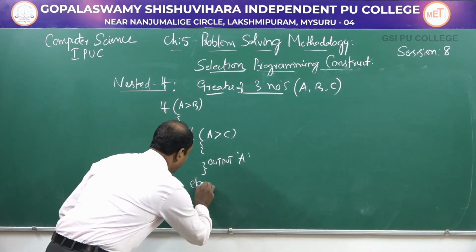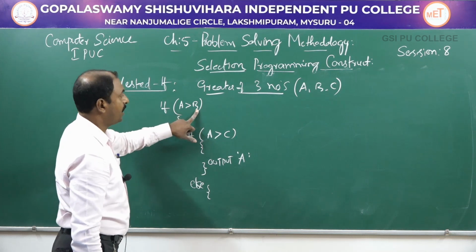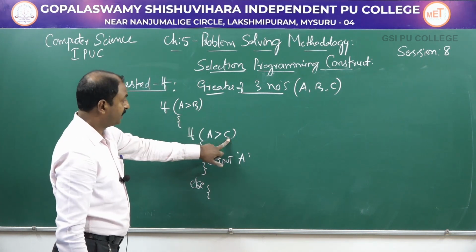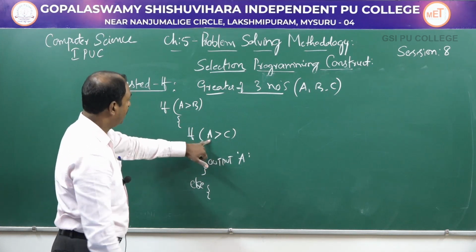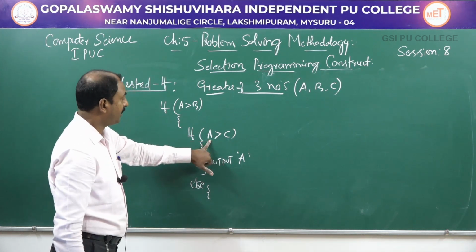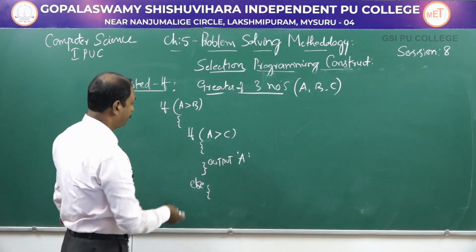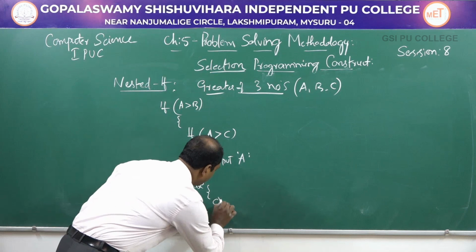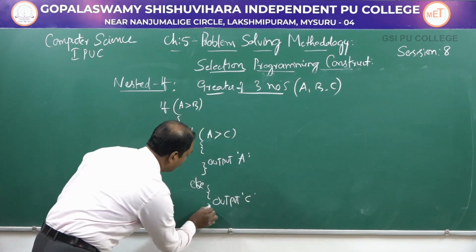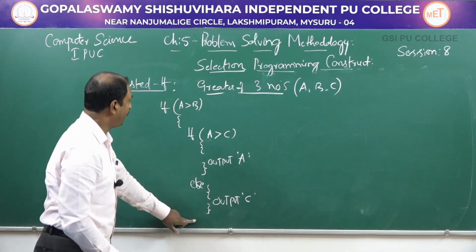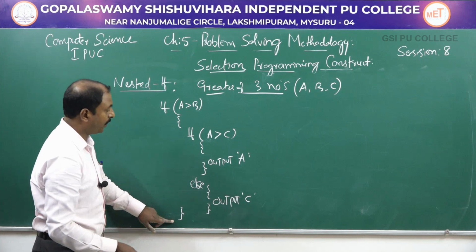Else, A is greater than B, but A is not greater than C, means A is less than C. Then we have to output C. I am closing this. So this is if else. Now I am closing this if part.